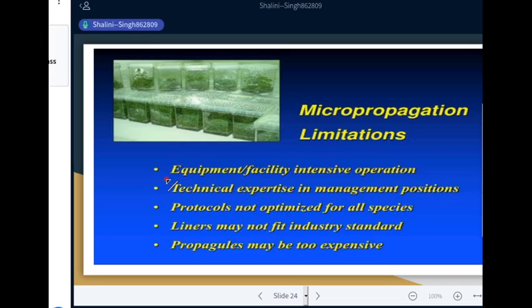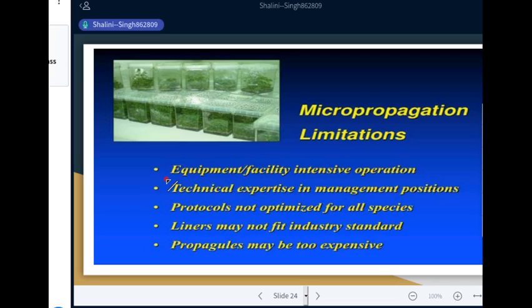Then the third condition comes, protocols are not optimized for all species. For some species where protocols are optimized, it will not take much time to perform micropropagation. But in case of the species where protocols have not been optimized, it will take some months to optimize the protocol. Then liners may not fit industry standard.